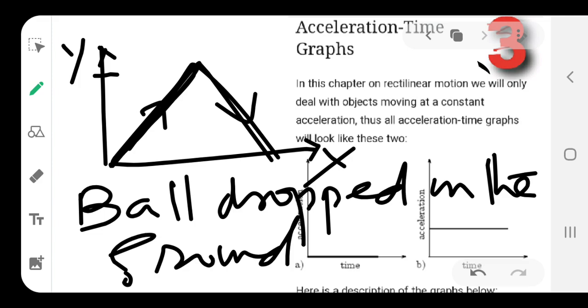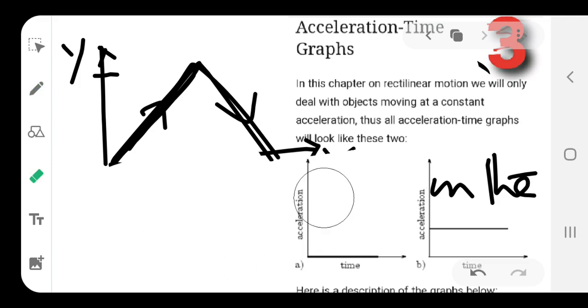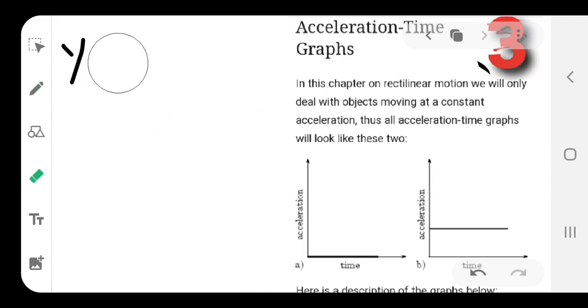These two graphs we will also take up in class for further clarification and understanding, but for the time being, write them down properly and try to understand these types of motion.